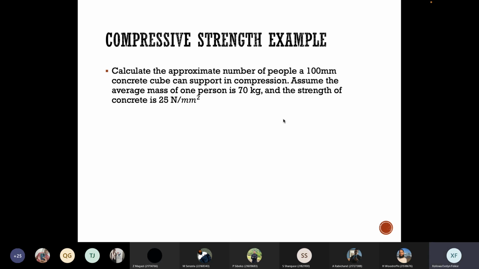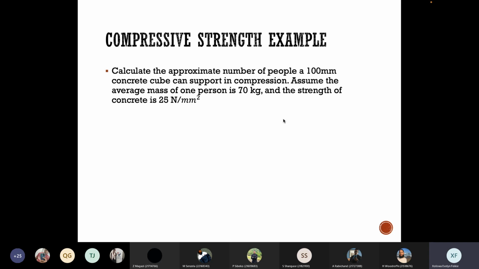Because if they say to assume the average mass of one person is 70 kilograms, according to Newton's laws, you know that force equals mass times gravity, mg. So we're converting the mass into force. The 70, you can easily say 70 times 9.81, and then you get your answer in newtons.